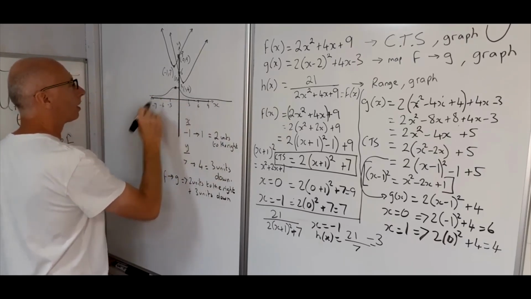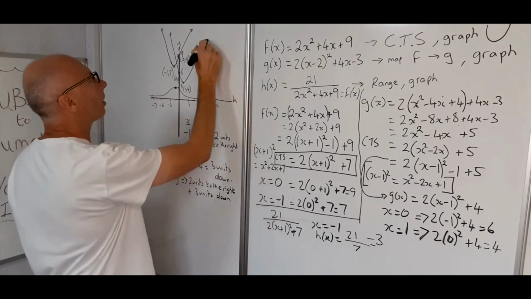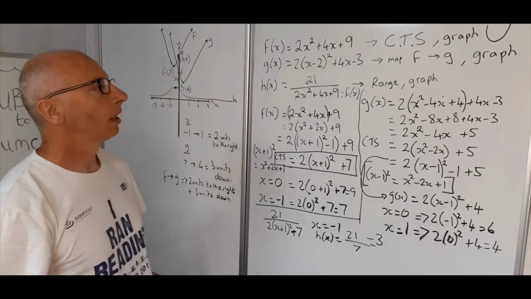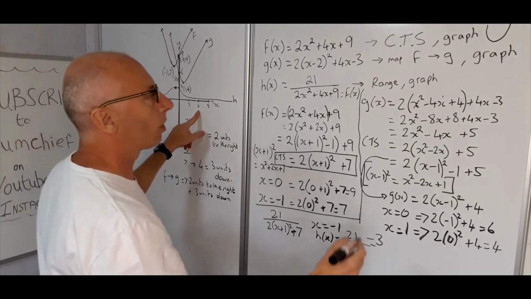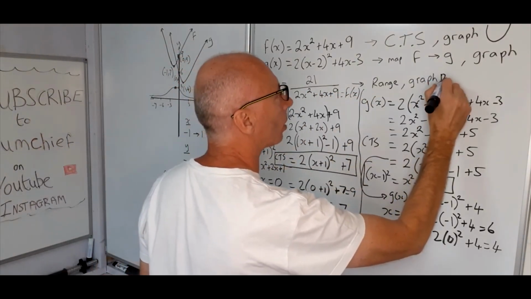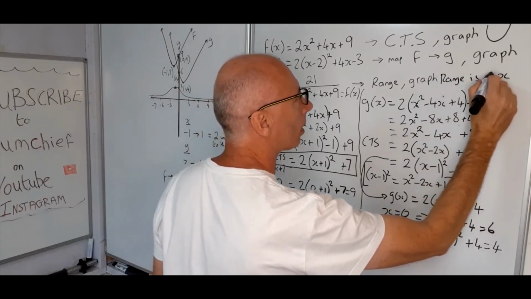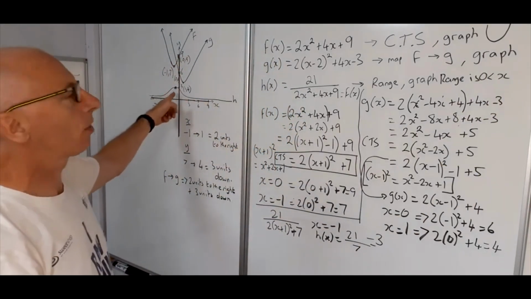So again, that would be our h of x. So that's our h, that's our g, and that's our f. Okay, so what's the range of h of x? Well, the range of h of x is greater than 0, but less than or equal to 3.